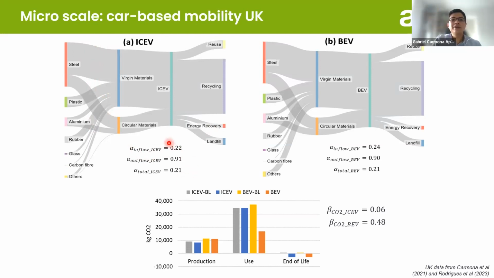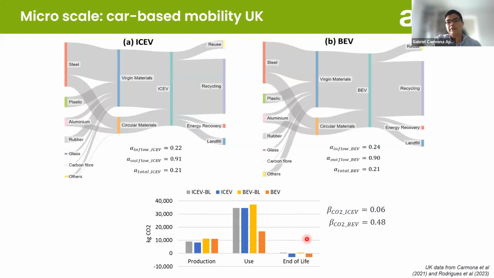So we're quite good at sorting the vehicle, but mostly into recycling, but we still haven't achieved a higher degree of circularity in the new vehicles that are produced. And now we have the same for the battery electric vehicle, very similar.